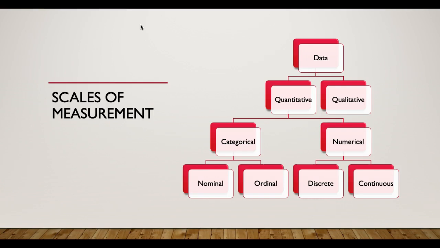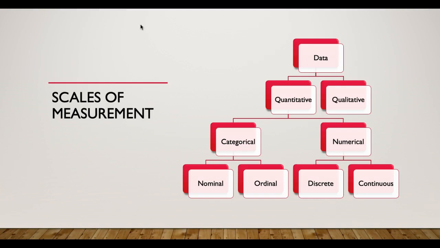Scales of measurement is some other terminology that you'll need to know. In your textbook, this is covered on page 180 in figure 7.1. We're just going to talk about quantitative data today, not qualitative. But different types of quantitative data that will come from your study will either be categorical or numerical.